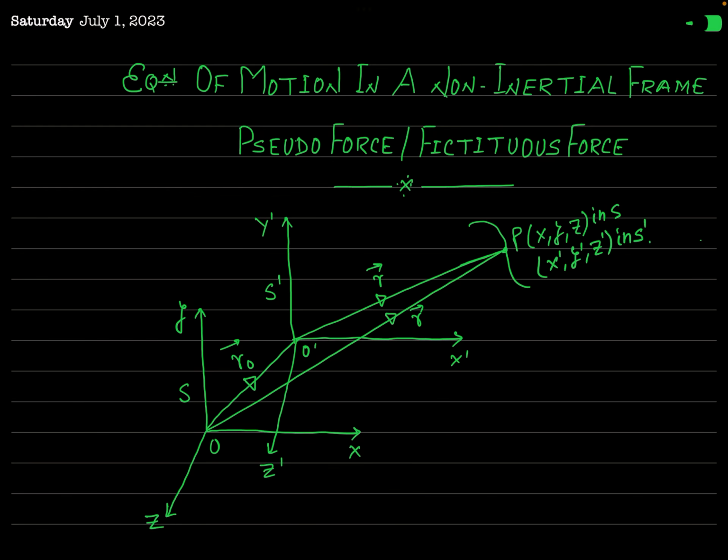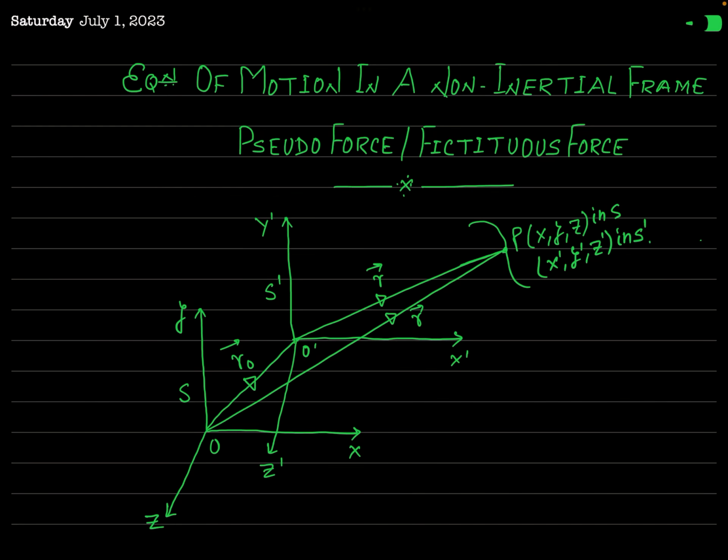Taking this pseudo force into account, one can write down the equation of motion in a non-inertial frame. How this is possible, as devised by d'Alembert, we will learn in this lecture. For this you can see this figure.